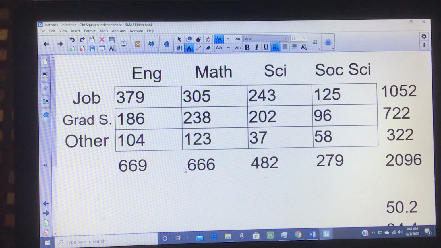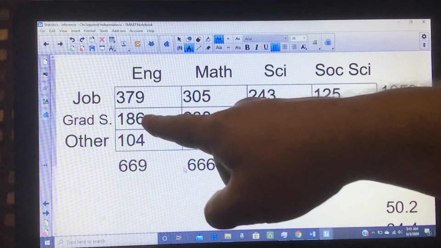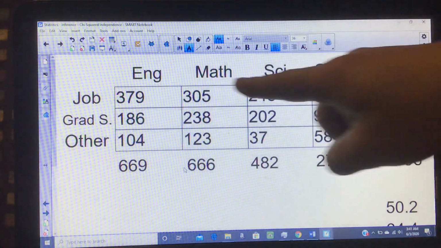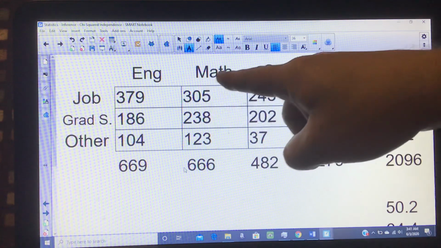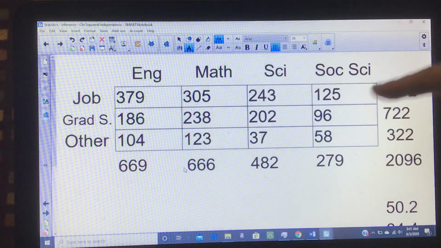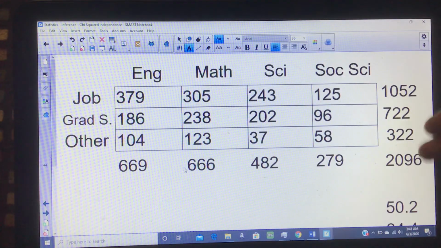You can basically see if the things are independent with a little bit of wiggle room, or if they're just too deviant. Like in this case, the deviation's too much. These guys are basically making different decisions. The proportions are not close enough to justify that the major doesn't matter.